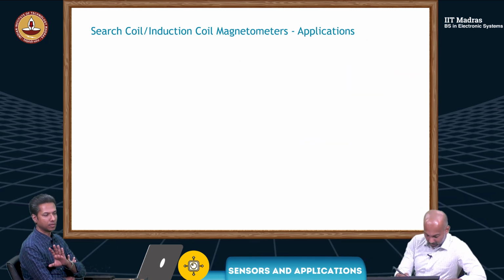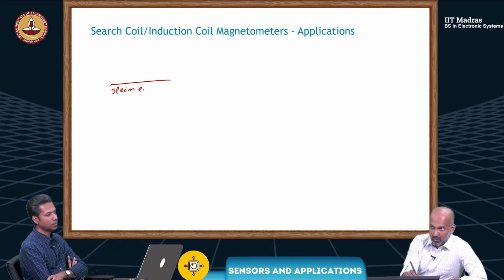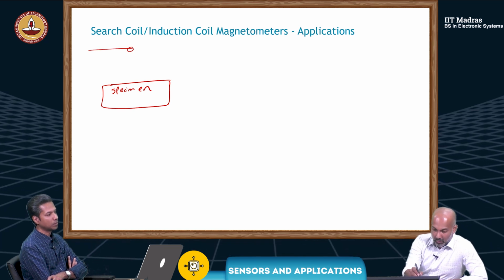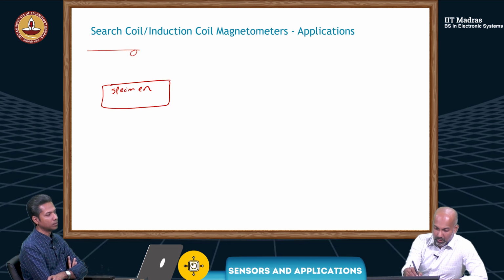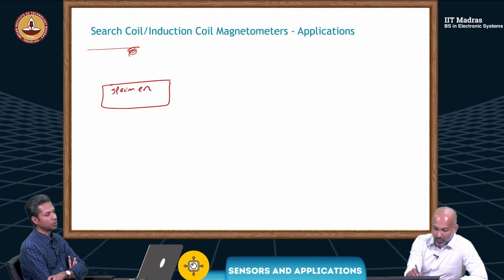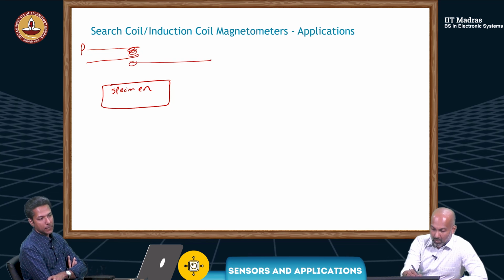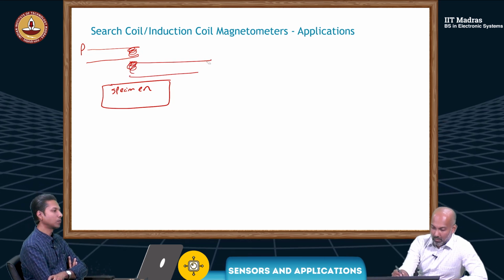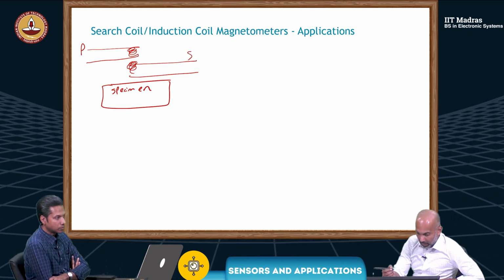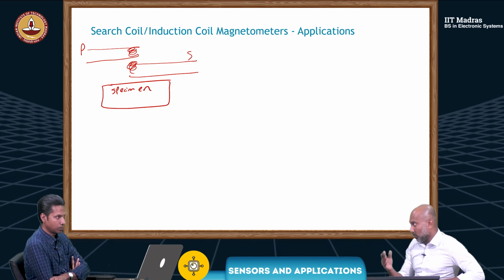So let's say, for example, you have some specimen, and then you have your primary. To explain this, maybe it's easy to have two separate coils. Let's say you have your primary coil, P, and your secondary coil, S. Then you connect this to an oscilloscope, just to observe the waveforms.